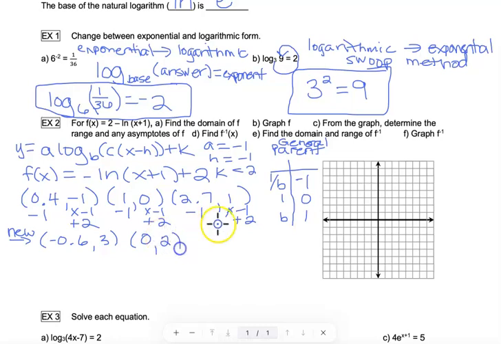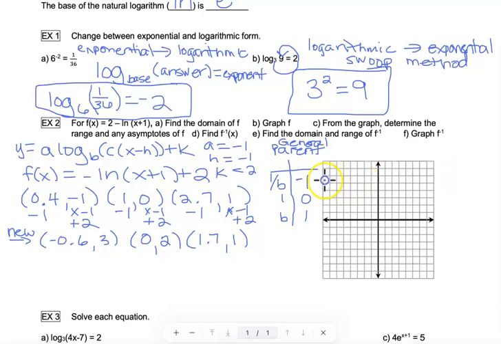Plus 2 is 2. And then 2.7 minus 1 gives me 1.7. 1 times negative 1 is negative 1. Plus 2 is positive 1. So these are my 3 points for my transformed graph.